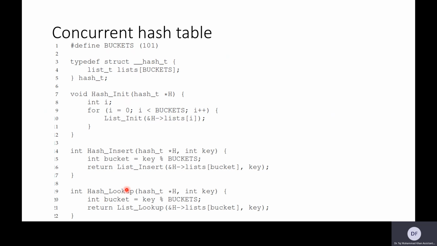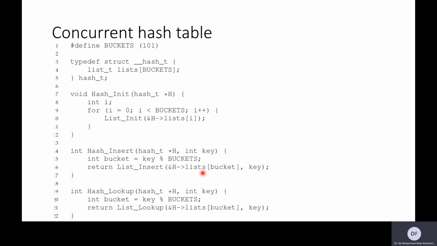Okay. So hash insert basically gets a new value key, and it inserts this key into one of these buckets. So it will calculate the bucket for this new value key, and then based on the bucket calculation, it will insert this key value into a particular bucket, into a particular linked list.